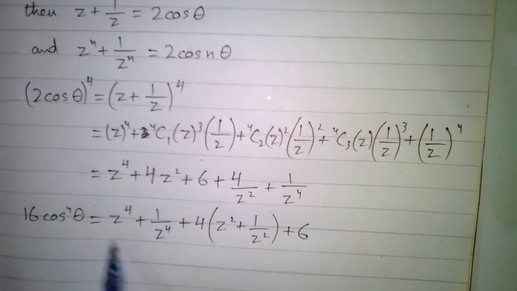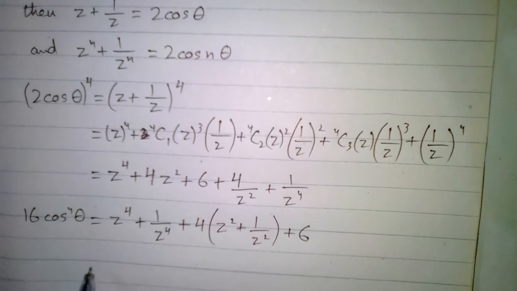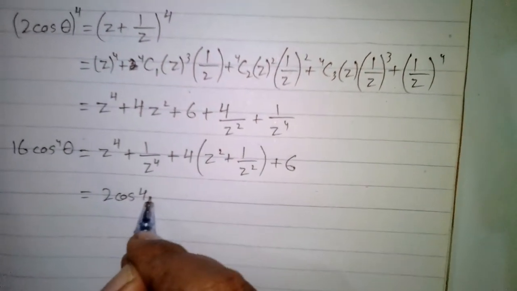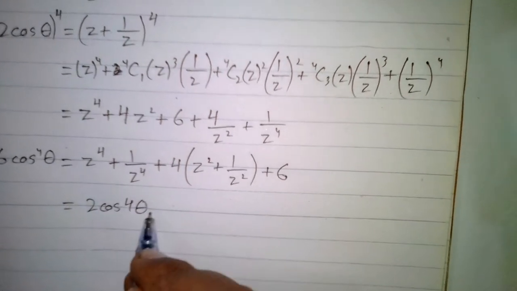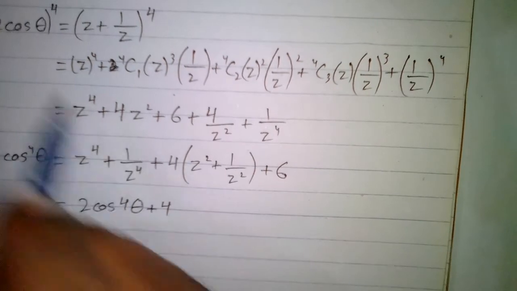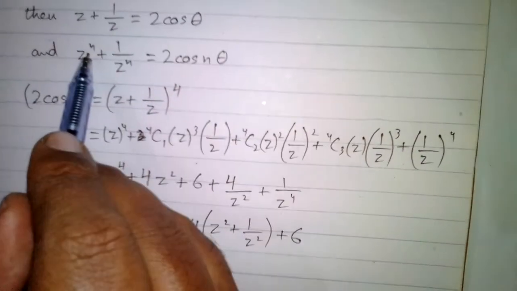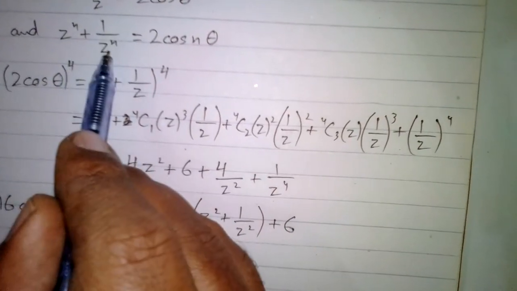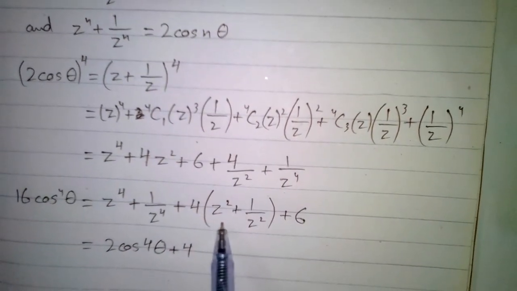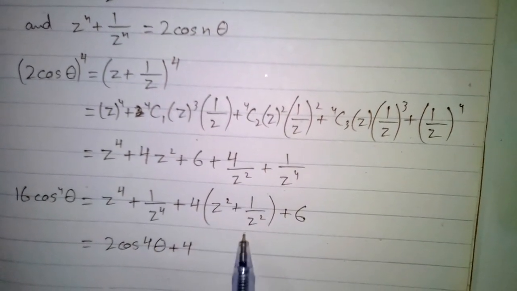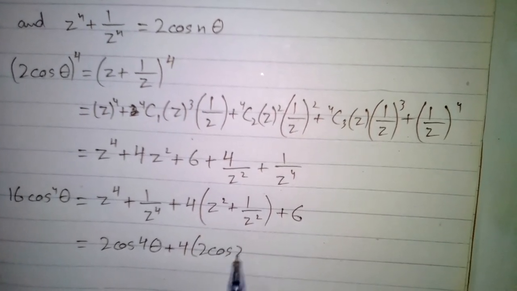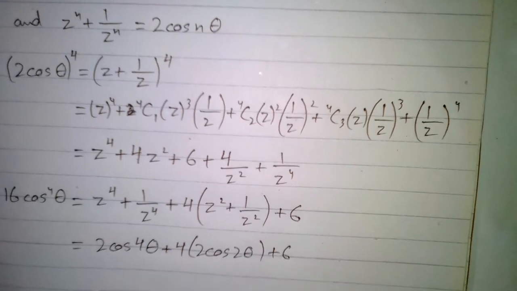So we will put 2 cos 4 theta in place of z^4 plus 1 upon z^4, then plus 4 times, now we can put 2 in place of n, so we have z^2 plus 1 upon z^2 is equal to 2 cos 2 theta. Now we can put 2 cos 2 theta in place of z^2 plus 1 upon z^2, so we have 2 cos 2 theta plus 6.